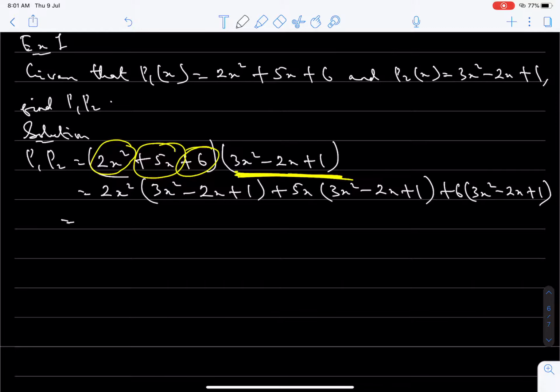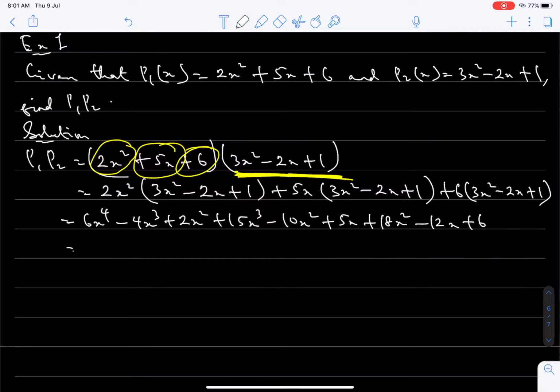Now we can open the brackets. That will be 6x raised to power 4 minus 4x cubed plus 2x squared plus 15x cubed minus 10x squared plus 5x plus 18x squared minus 12x plus 6.